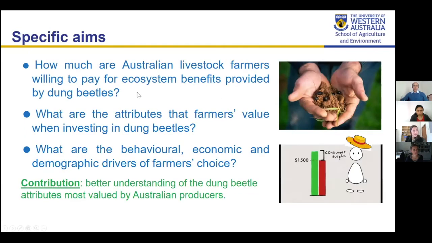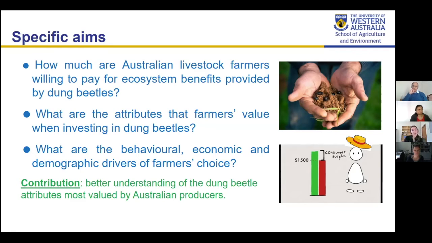The specific aims: what is farmers' willingness to pay for benefits provided by dung beetles, so we have a dollar value for that? What are the main attributes that farmers value when investing in dung beetles? And what are the main behavioral, economic, and demographic drivers of farmers' choice?